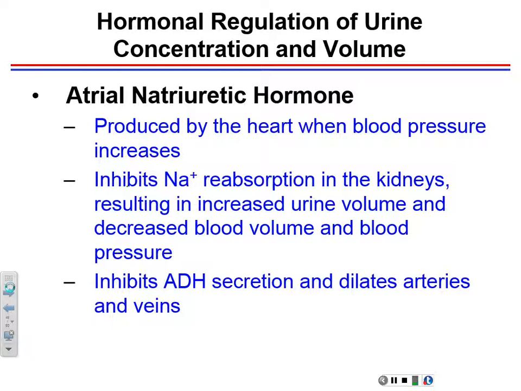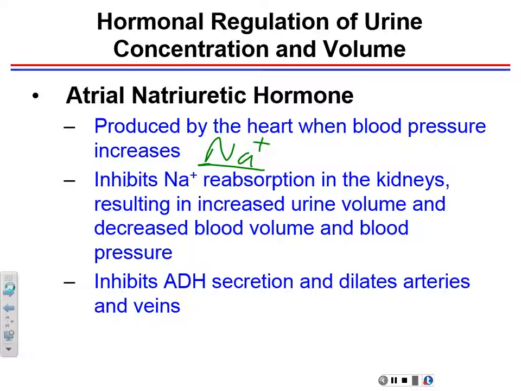Natriuretic means loss through urine. And Na, that's why the symbol for sodium is Na, from the Latin word. So natriuretic, you lose more sodium in the urine, and then you lose water.